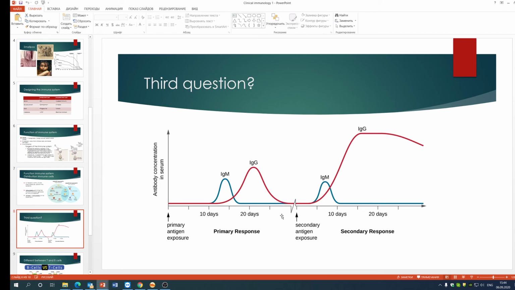If a person is exposed to a secondary, similar antigen, the immune response is faster: immunoglobulin M appears earlier than 7 days, switches to immunoglobulin G earlier too, and reaches a higher concentration of immunoglobulin G.